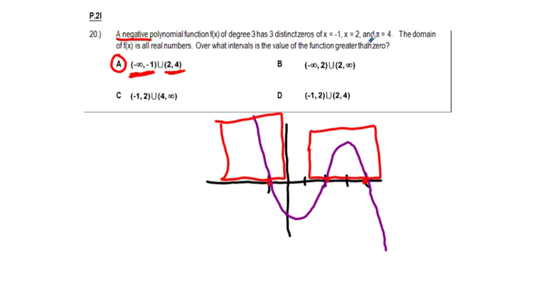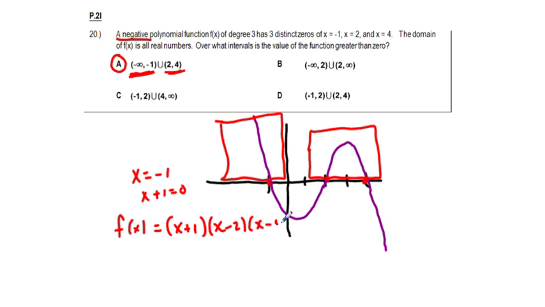Another thing you can do is you can just recreate this. You could say, okay, let's just go ahead and make f of x equals, you have a zero of -1. So you have x equals -1, so our factor is going to be x plus 1. So you're going to have quantity x plus 1, and your other factors are going to be x minus 2, and then x minus 4.